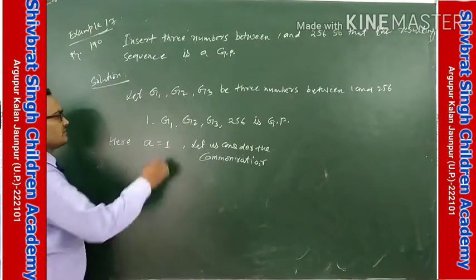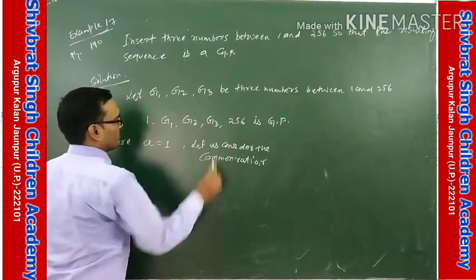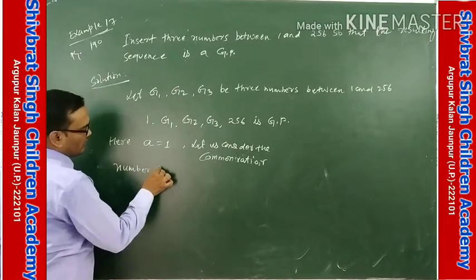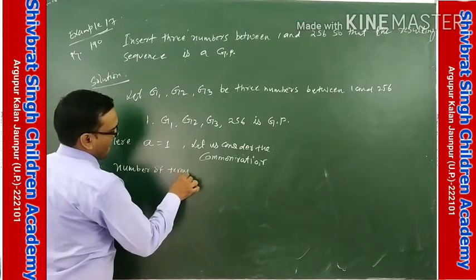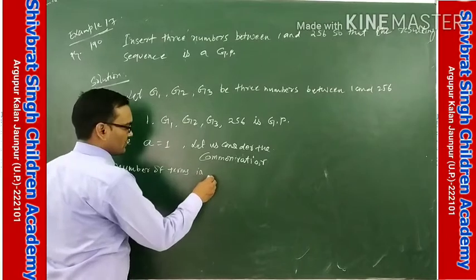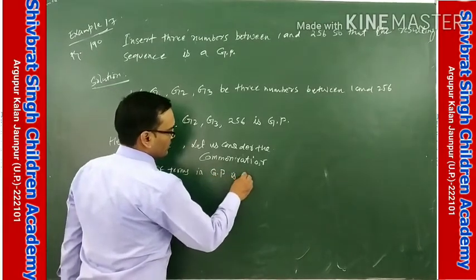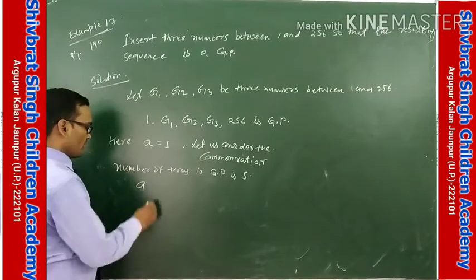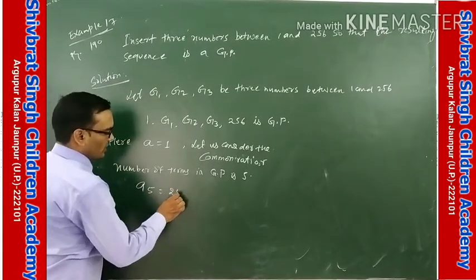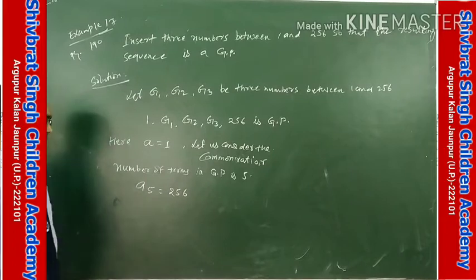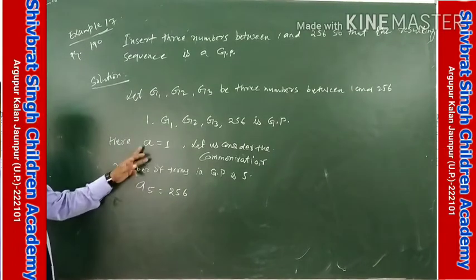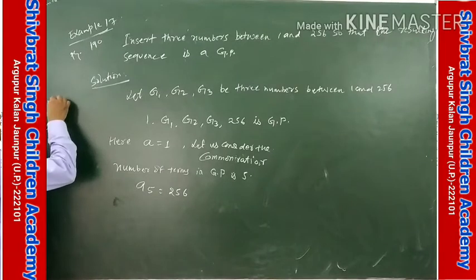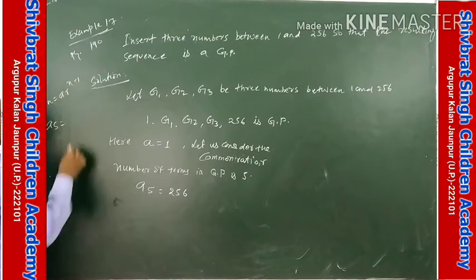And 1, 2, 3, 4, 5, the number of terms in this GP is 5. A5 equal to 256. Here we first find the value of A5 using the formula an equal to ar to the power n minus 1.